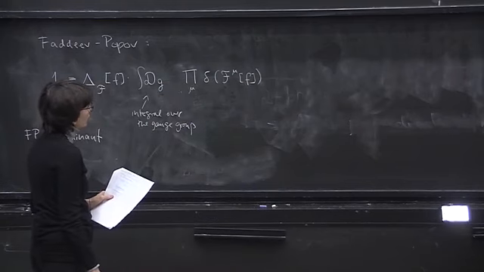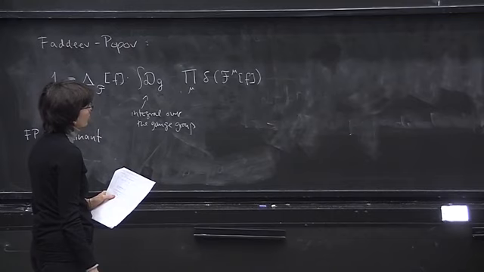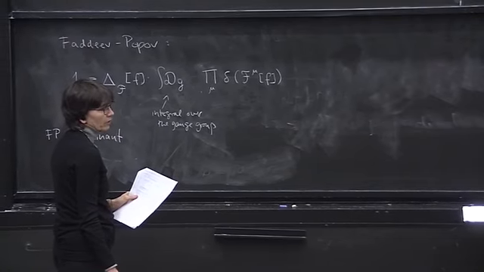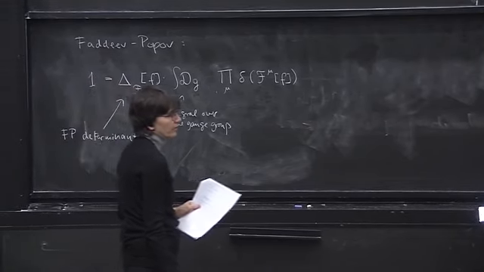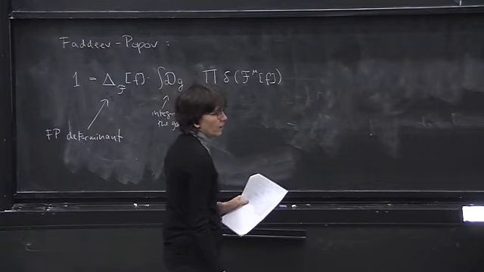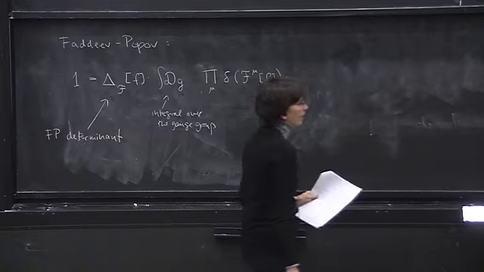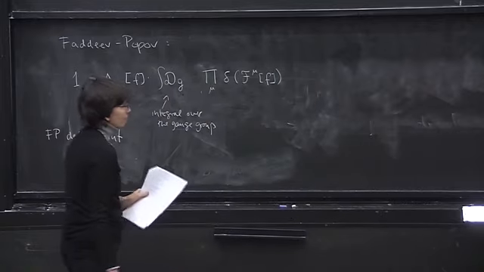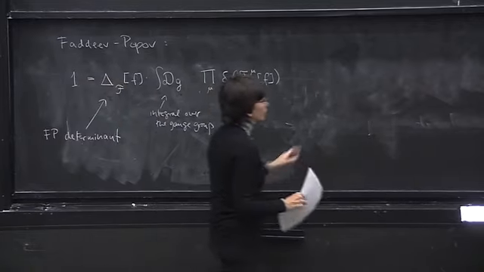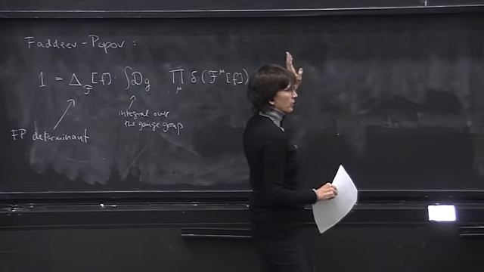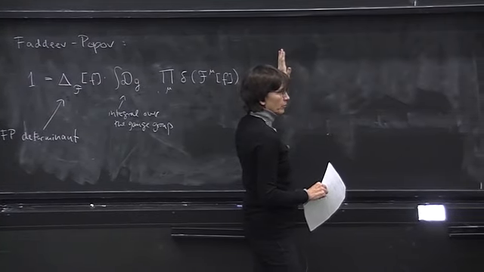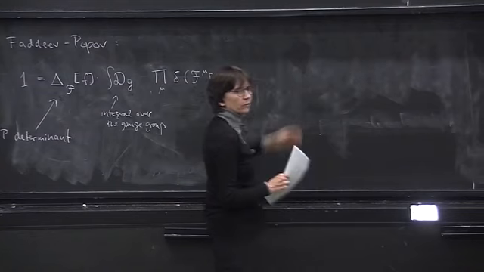Is it a GL4? Well, it's something slightly different. A copy of that in every point. Well, no, it's a linearized diffeomorphism, so it is something slightly different. It's not arbitrary. It doesn't boil down to arbitrary GLs.